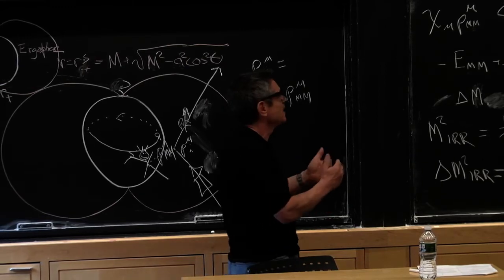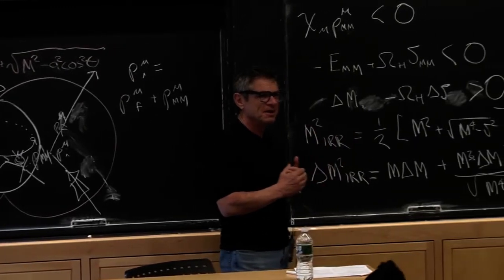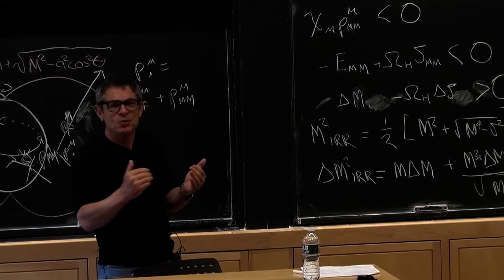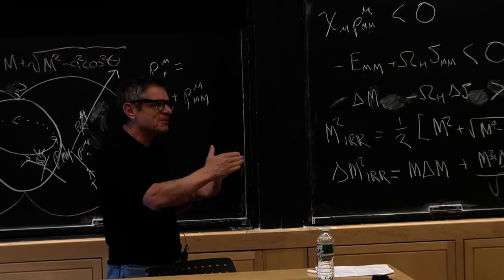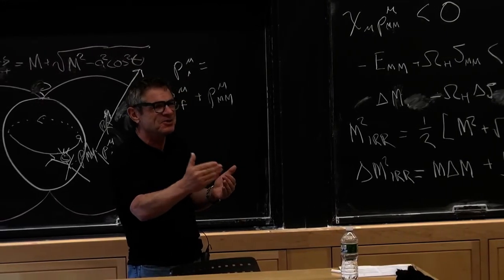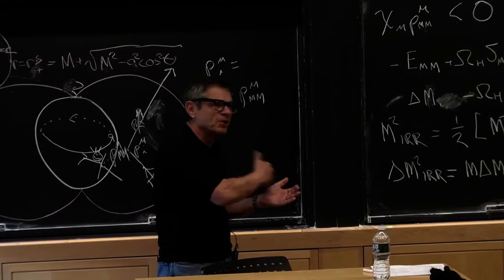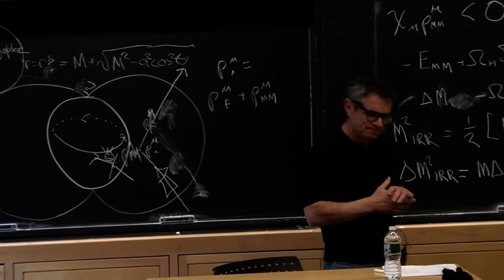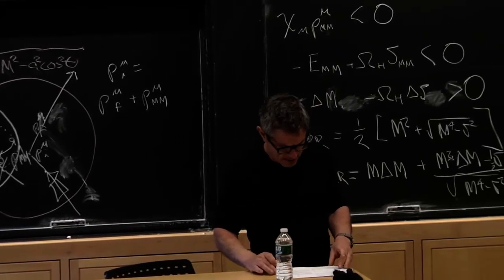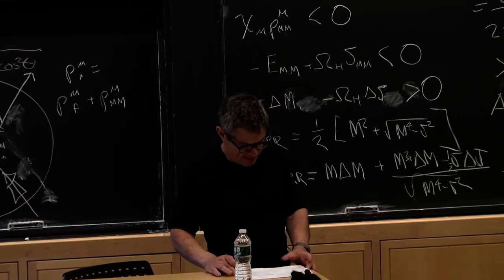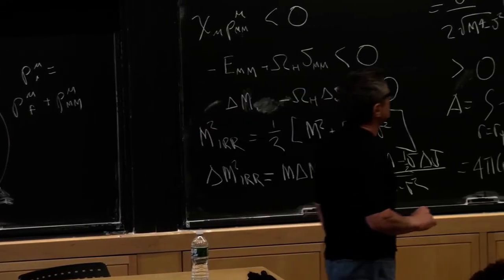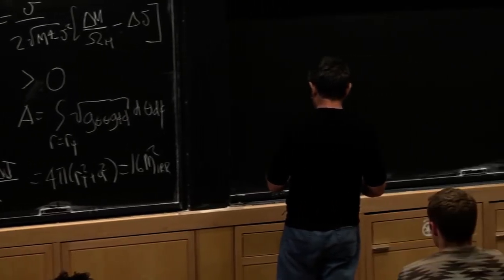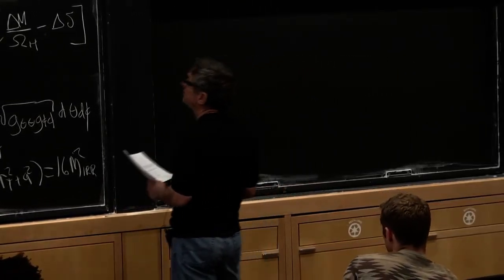It also gives you an idea of why cosmic censorship isn't being violated, because a particle that would give enough angular momentum to the black hole to send it into a naked singularity gets repelled away from the black hole before it can cross the event horizon. Okay, but it is a very general statement, which is called the first law of black hole mechanics.